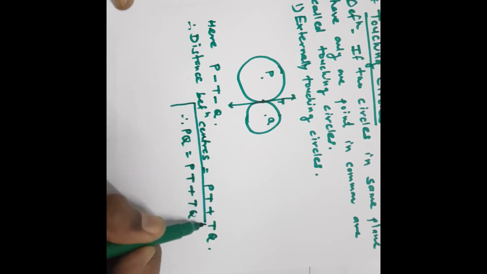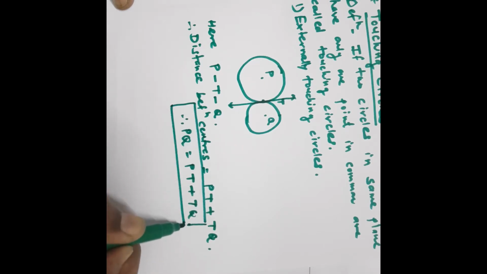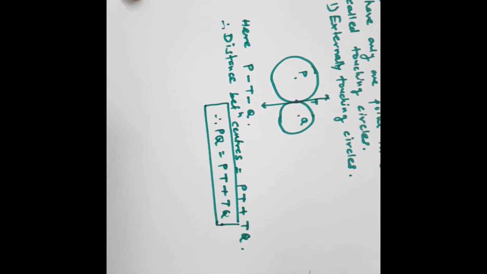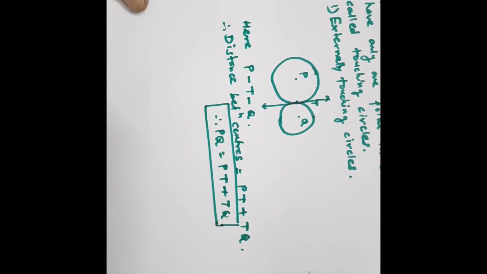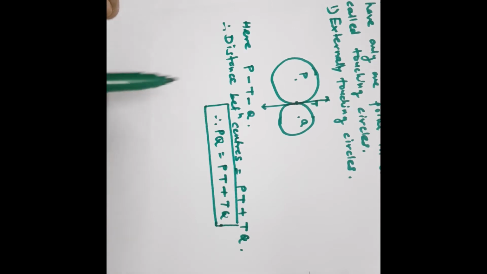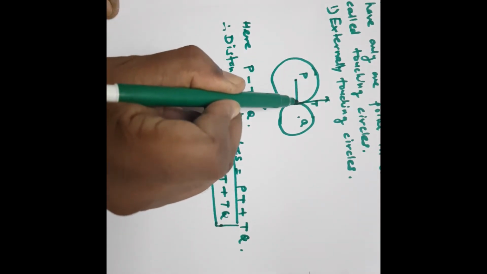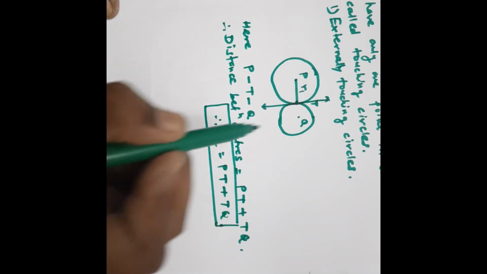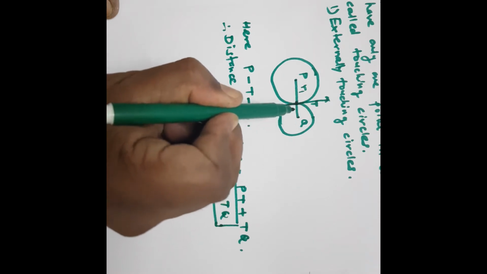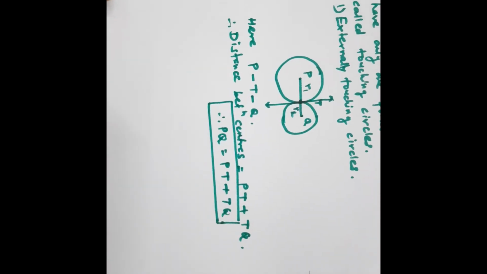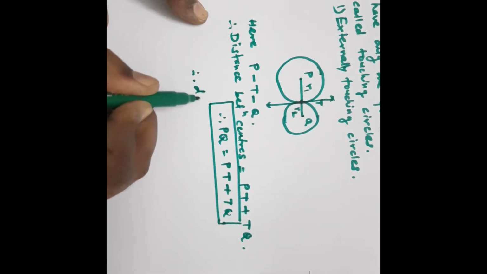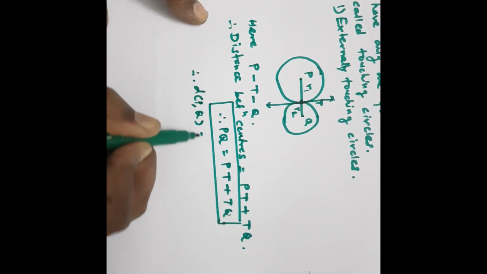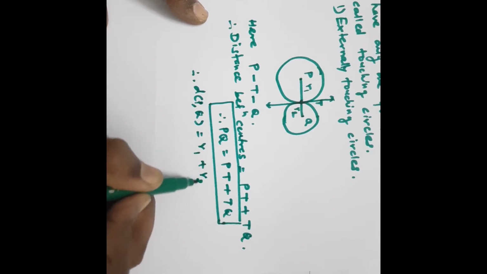That means the distance between the centers of externally touching circles is equal to the sum of their radii. If R1 is the radius of the circle with center P and R2 is the radius of the circle with center Q, then the distance PQ is equal to R1 plus R2.